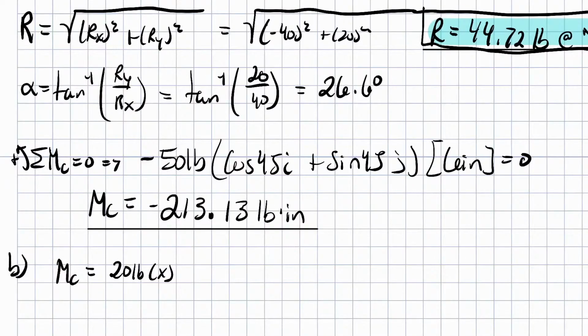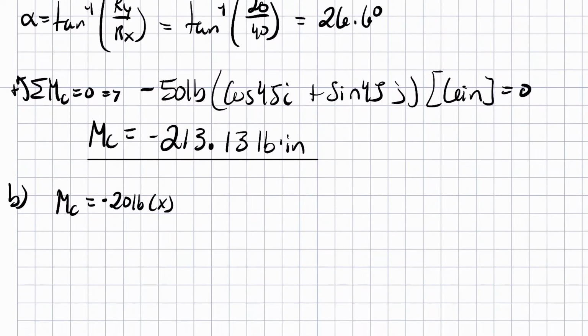So I'm going to put a negative out in front. Now that I know the moment, it's negative 213.13 pound-inches equal to negative 20 pounds times the x direction that it's going to be going in.